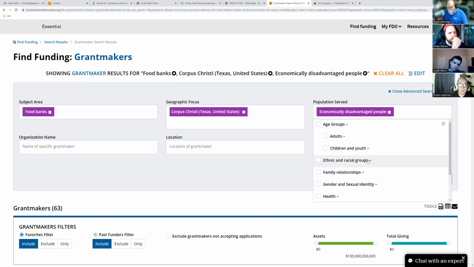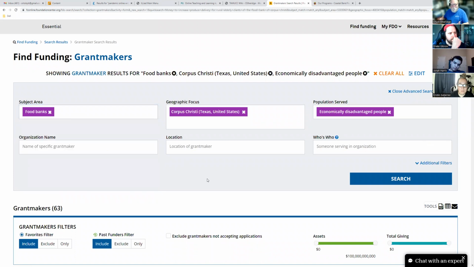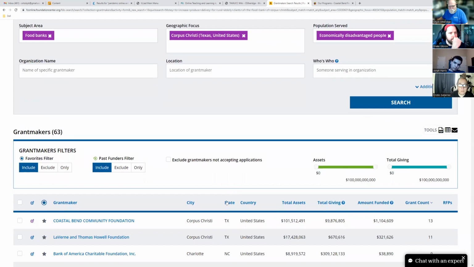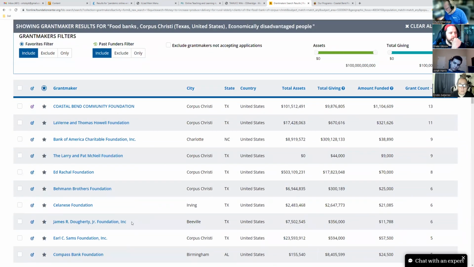I could do ethnic and racial groups if we wanted to focus on that. I could do nutrition, lots of different things. But like I said, 63 is a pretty good amount to start looking at. And I got as far as the Doherty Foundation in terms of where I was looking.